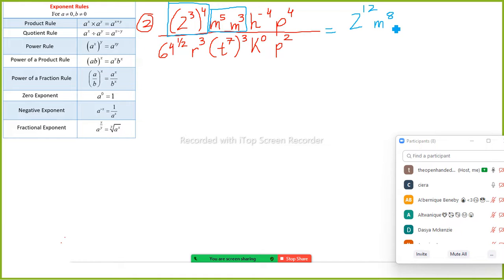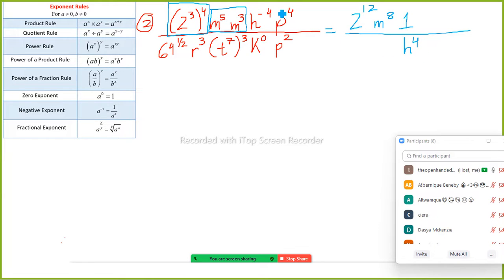H to the power of -4 would be 1 over h to the 4th. Excellent. 1 over h to the power of 4.